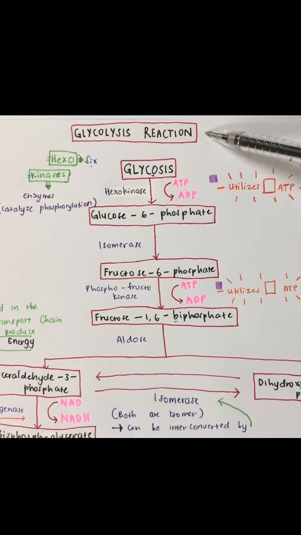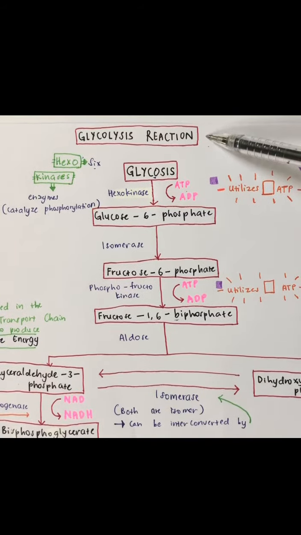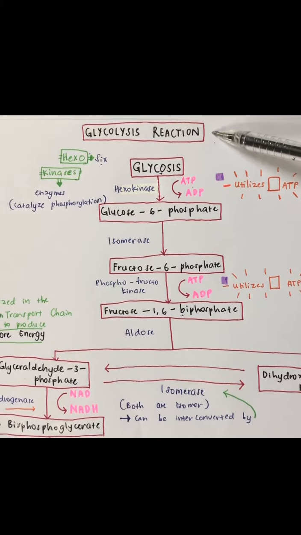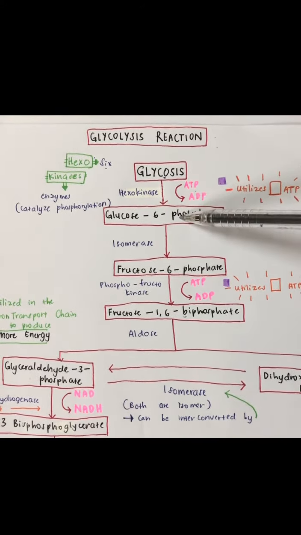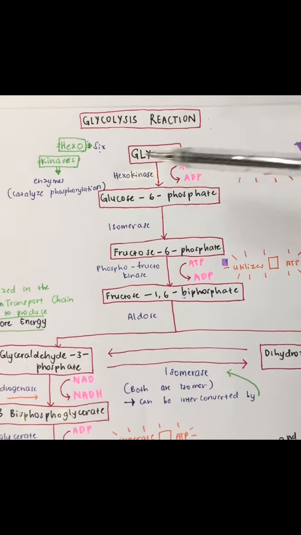Now, let's look at the glycolysis reactions. This begins with a molecule of glucose that enters the cytosol, and the first reaction that takes place is the conversion of glucose to glucose 6-phosphate. The enzyme that catalyzes this reaction is hexokinase.